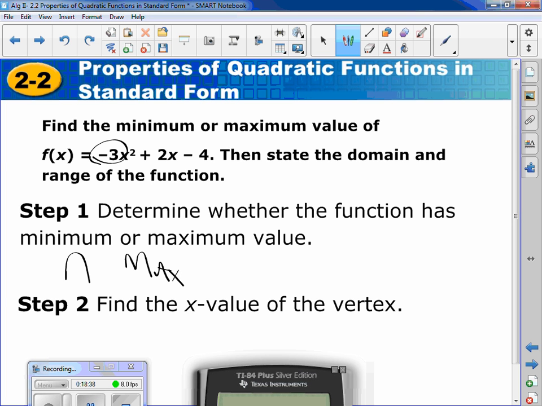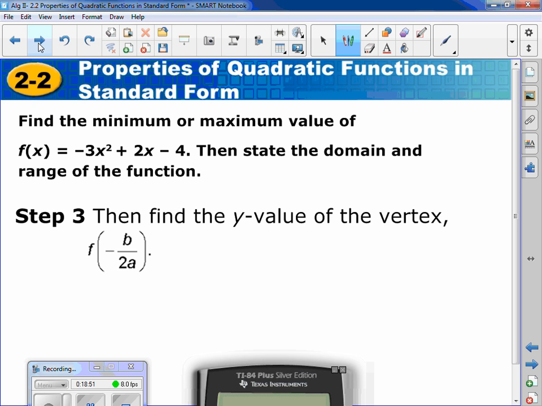Now, the domain, that must be on the next one. Find the x value of the vertex. That's the negative b over 2a. The domain would be all real numbers. The range would be y has to be less than or equal to whatever your k is.